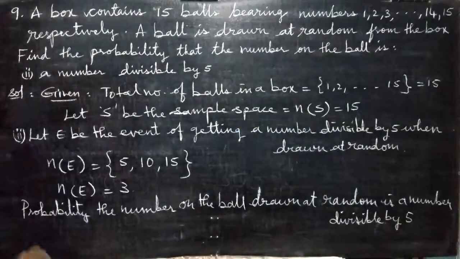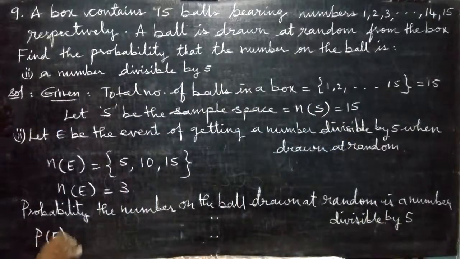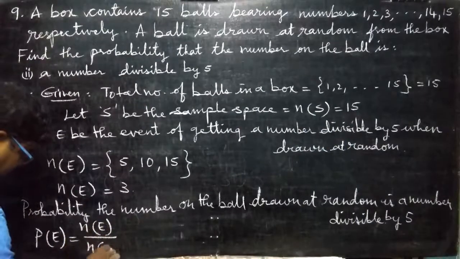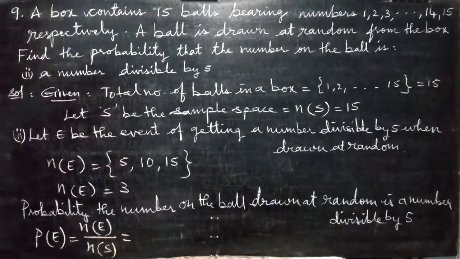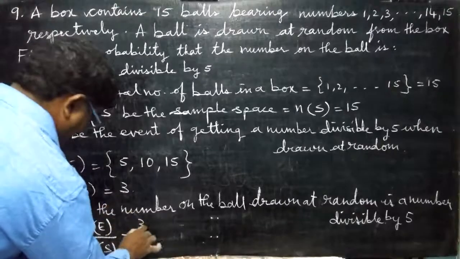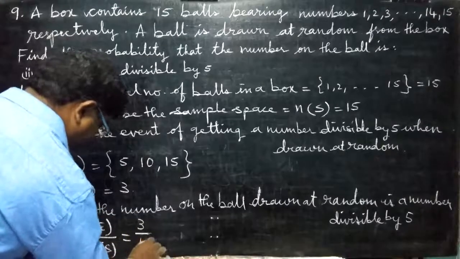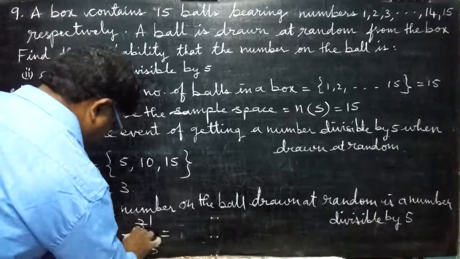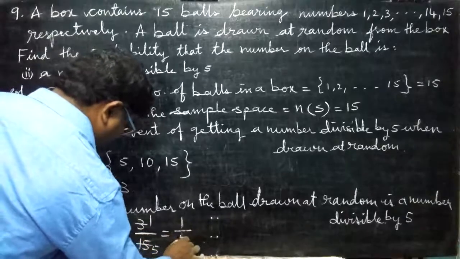Now P of E is equal to N of E by N of S, that is the formula. N of E is 3, so 3 by 15. 3 ones are 3, 3 fives are 15. So how much did we get? 1 by 5.